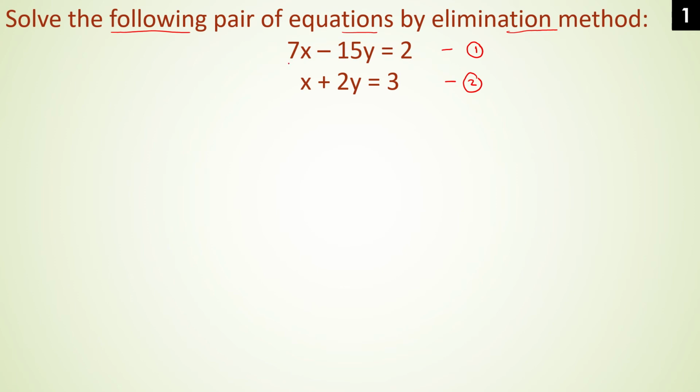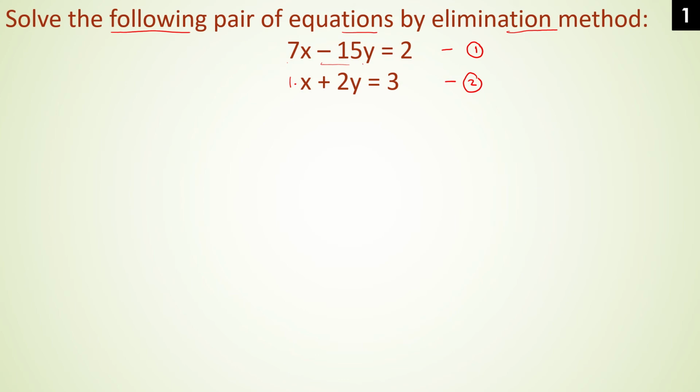The coefficient of x is 7 and of y is minus 15 in equation number first. But when we come to the second equation, the coefficient of x is 1 and the coefficient of y is 2. So the coefficients of each variable are different from each other.